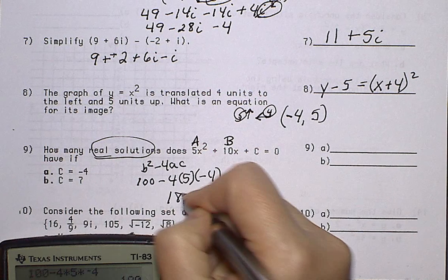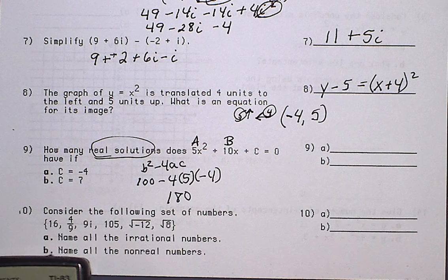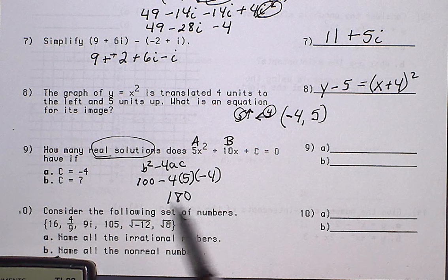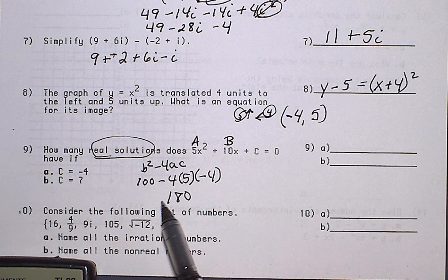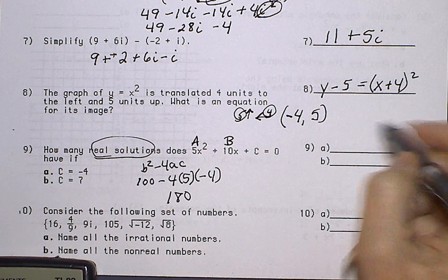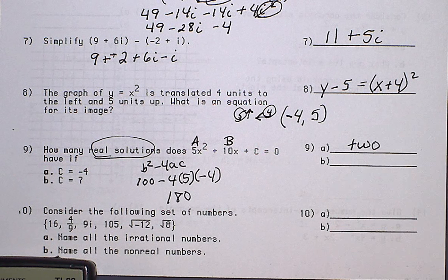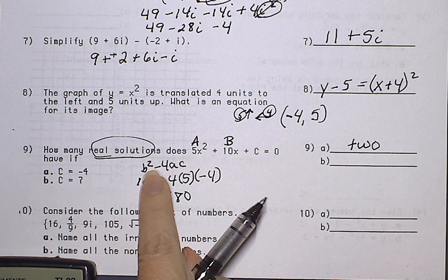Since it's 180, and remember that this is under the square root sign, that means there are going to be 2 real solutions, because the discriminant is underneath the square root sign of the quadratic.